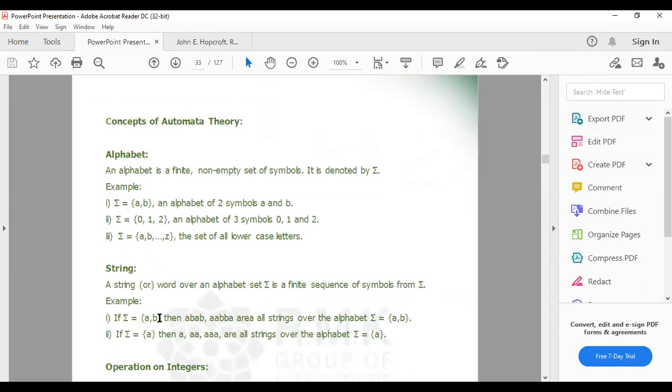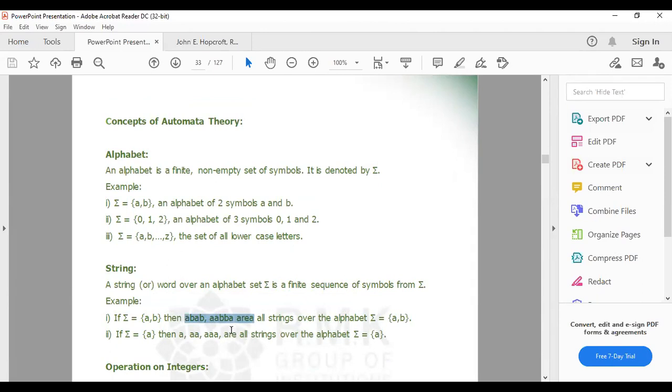So here, the input is A, B. With the help of this input, we can develop this many strings. If they mention any condition, for example we have to start with A, or end with A, or have an even number of A's and even number of B's, we have to do it with that.